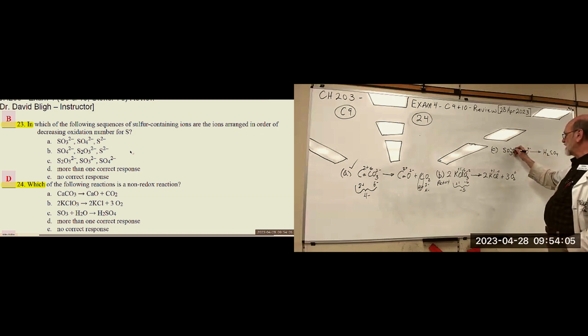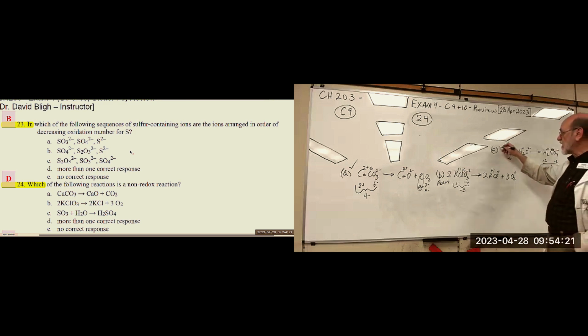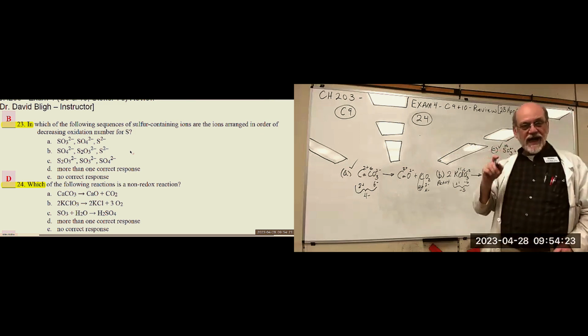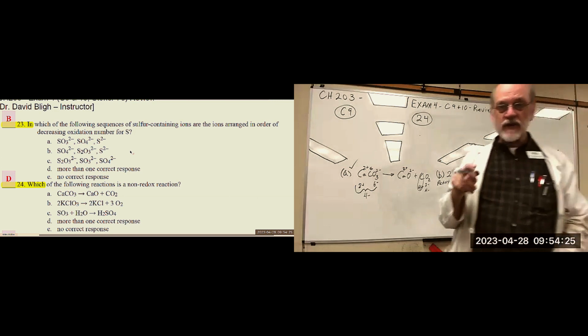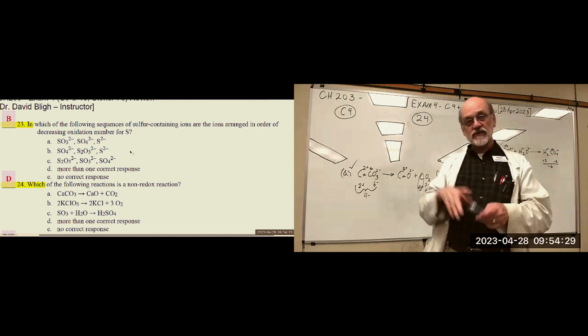This is a 2 minus. -6 makes this +6. This is +1, so that's a +2 here. This is a -2, so that's a -8 here. That's a -6, which means this has to be a +6. This is also non-redox. A and C are not redox reactions. That's why D is the answer, because there's more than one of them.